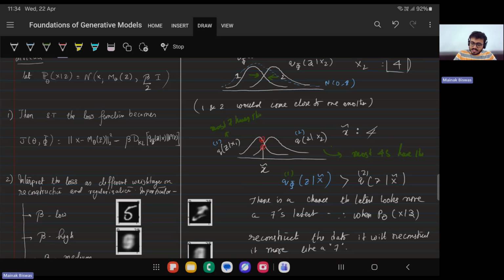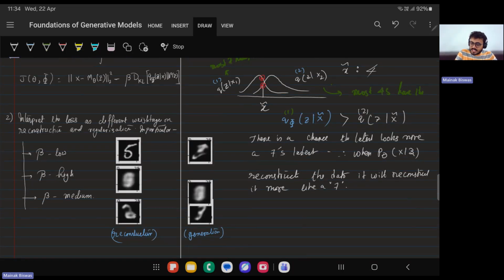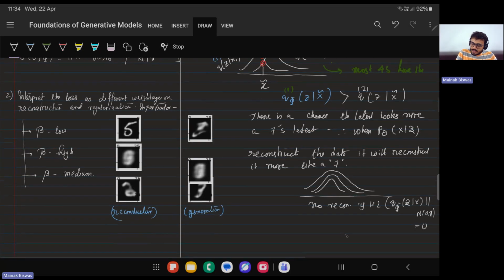So as you can see, in the worst case, if everything becomes normally distributed, all of these would be overlapping, and then you would have no reconstruction. If the KL between q phi of z given x and normal 0, 1 is 0, and q phi of z given x becomes equal to q phi of z, which is equal to normal 0, 1, then these two things happen, they become independent.